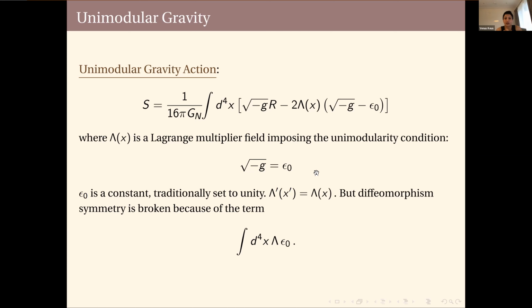What I was asking before: once you've got this extra term that contains the epsilon 0, that is your explicit breaking of the symmetry. But then later on, when you put the unimodular conditions in, you spontaneously preserve the symmetry, or you symmetrize your model in a way.